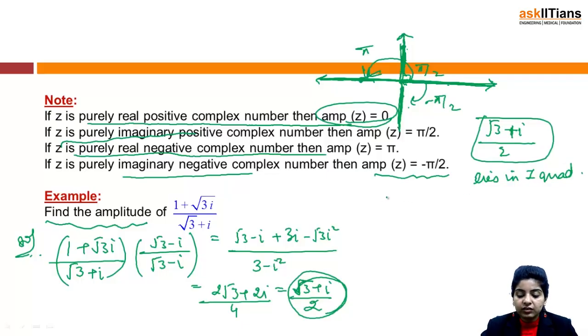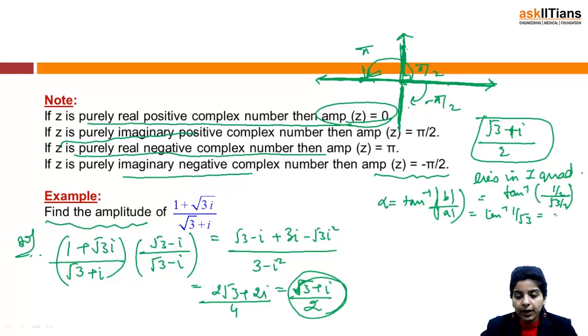Now since it lies in the first quadrant, first of all we will find out alpha. Alpha is tan inverse of mod b by mod a. So this is tan inverse of modulus of b, that is 1 by 2, by root 3 by 2. So this is tan inverse 1 by root 3, which is pi by 6.